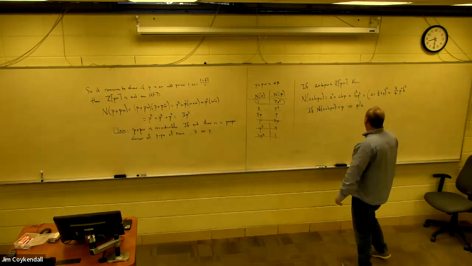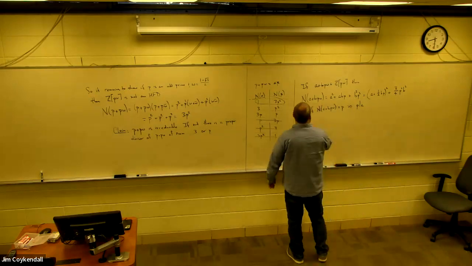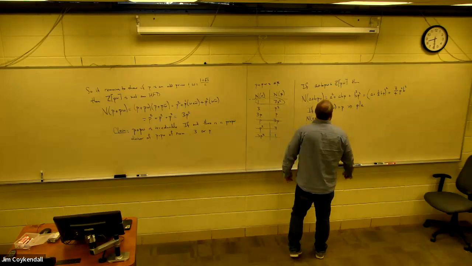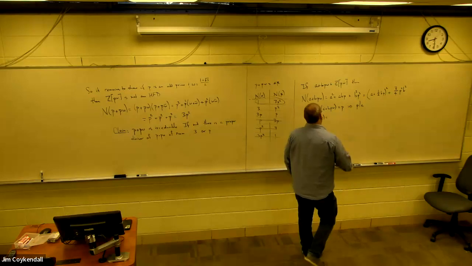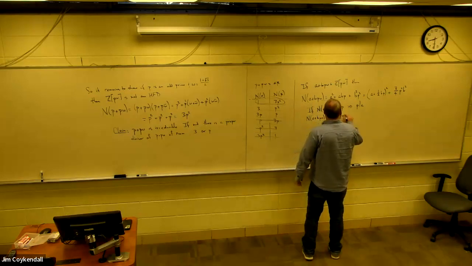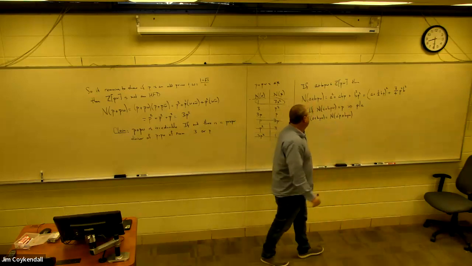And if a is divisible by p, then that means that the norm of a plus b p omega, well, this is the norm of a prime p plus b p omega, because after all, a has a factor p in it.